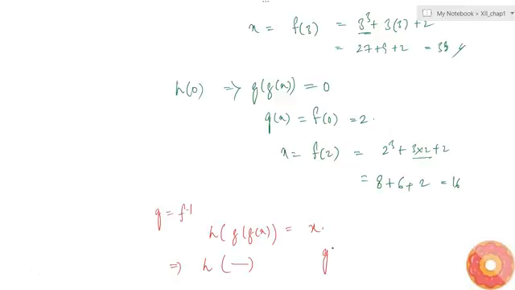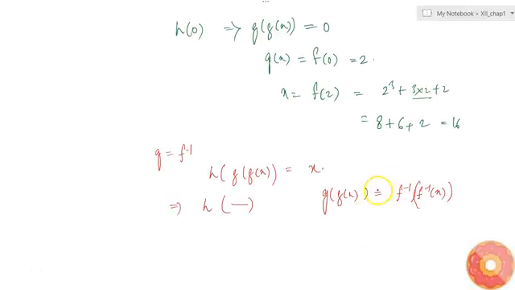Since g of x is f inverse of x, h is simply f of x.